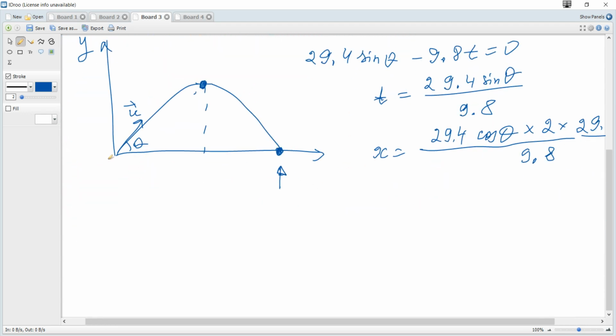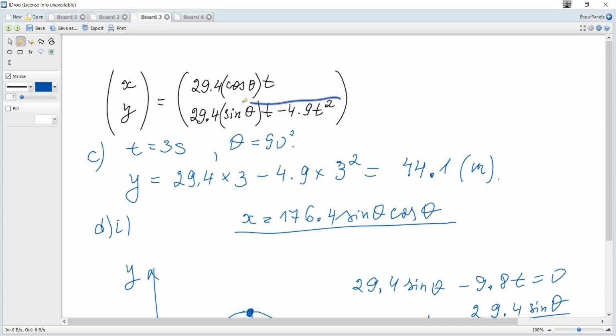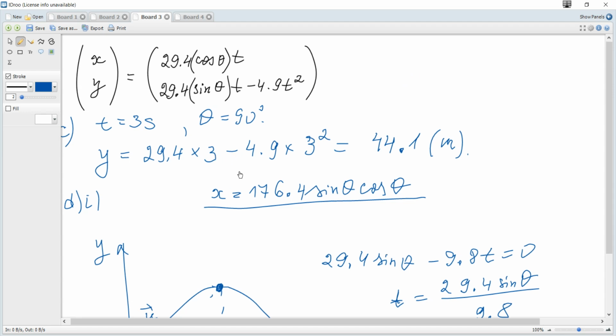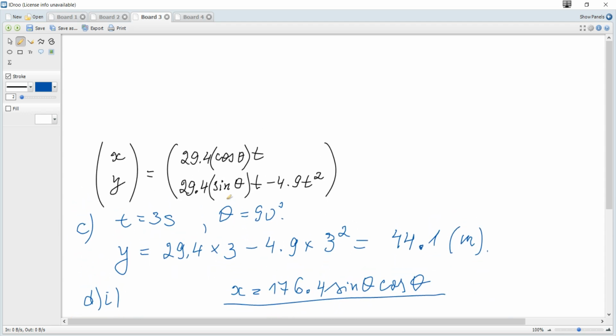Or at this point you can see that the vertical displacement is equal to 0. And where is the expression for the vertical displacement? Just y. Equating it to 0, you can see that t can be factored out, and let's rewrite above. You get that it becomes 29.4 sine minus 4.9 t is equal to 0. And the first root is 0.